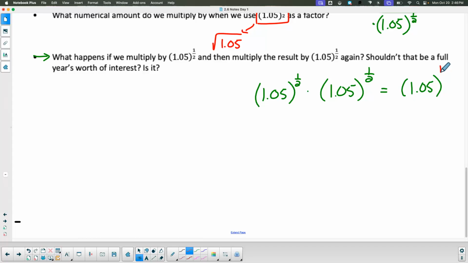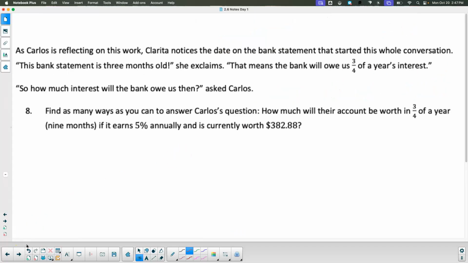Good. Good times. So now Clarita says, what if we don't withdraw the money in June? We wait until September to withdraw the money. Okay?